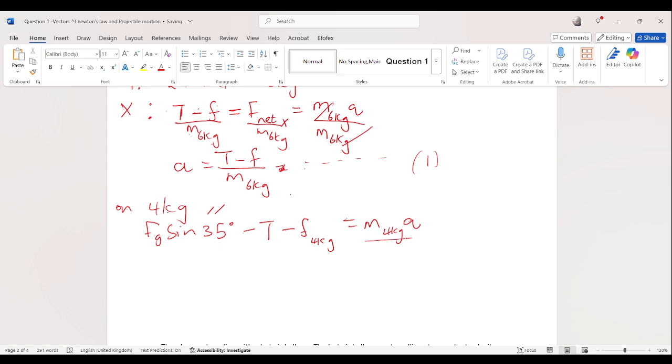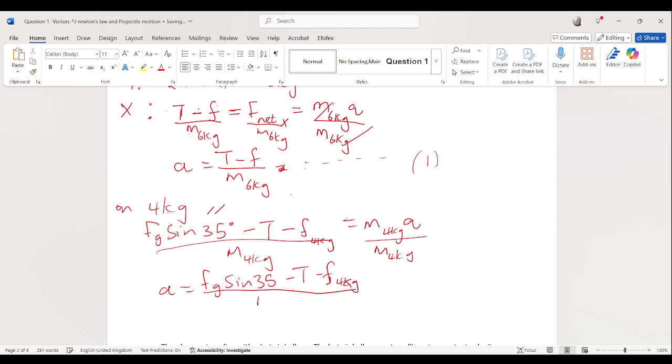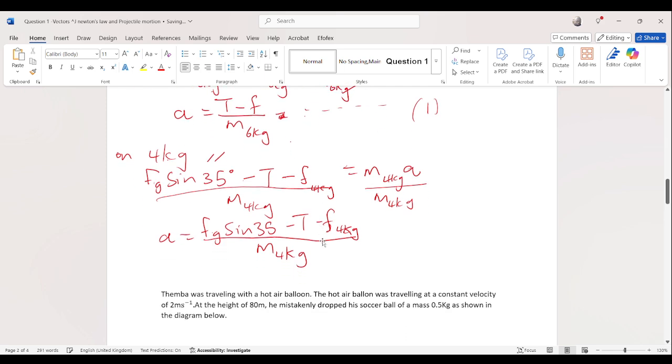If I divide by mass of 4 kg, I will have acceleration equals FG sine of 35 minus T minus f on 4 kg, which is friction, all divided by the mass of 4 kg.